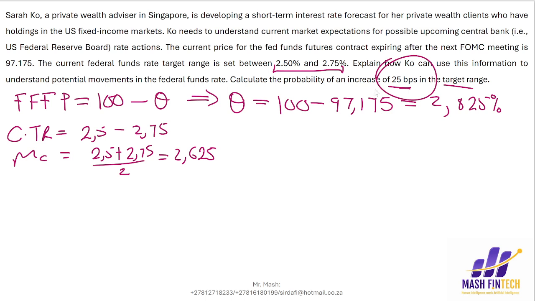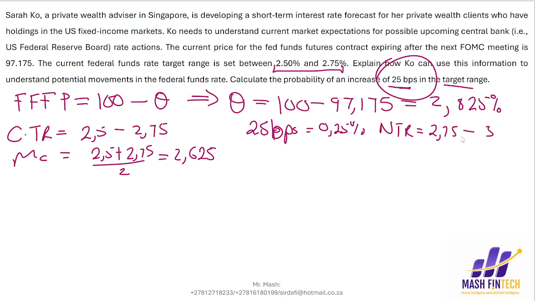If it increases by 25 basis points, 25 basis points are equal to 0.25%. So the new target range would then be, you add 0.25, 25 basis points, and you're going to have 2.75, and if you add 0.25 here, you're going to get 3.